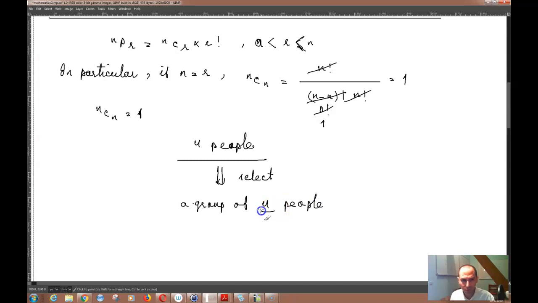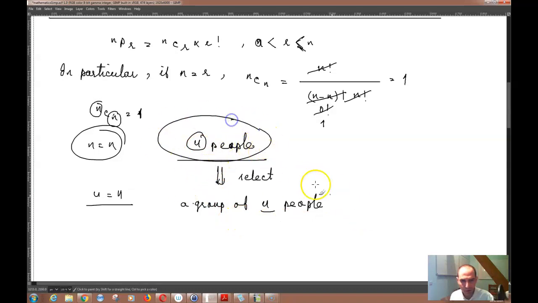This 4 refers to this n over here, and you know that 4 is equal to 4, and so n is equal to n, right? So when you want to select a group of 4 people out of 4 people, there is only one way of doing that, and so n combination n is equal to 1, right?